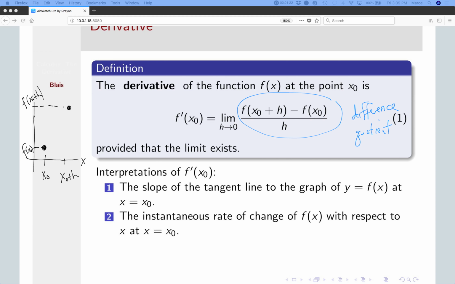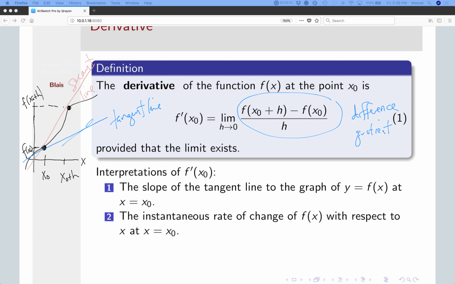Then our secant line: the slope of this secant line was nothing more than this difference quotient because it represents the rise over the run of that line. When we took a limit, the secant line became the tangent line to our graph. So this secant line snapped into the tangent line.